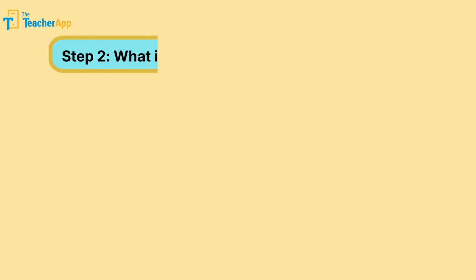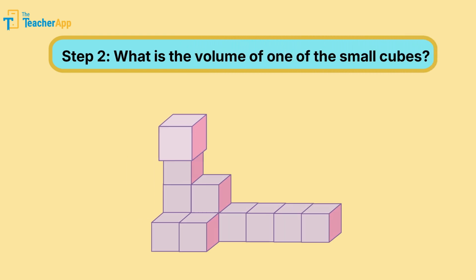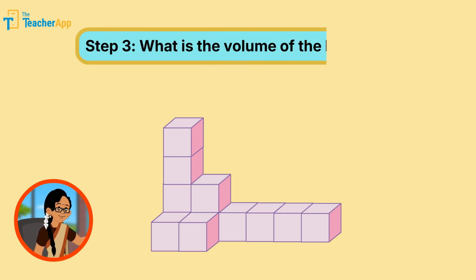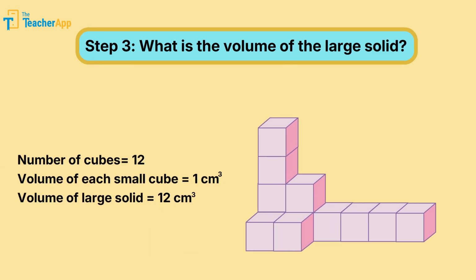Next, ask the students what is the volume of one of the small cubes, and ask the students to note that down. And finally, ask students what is the volume of the large solid, for which they can multiply the volume of one small cube with the number of cubes in the shape to arrive at the volume of the shape in cubic centimeter.